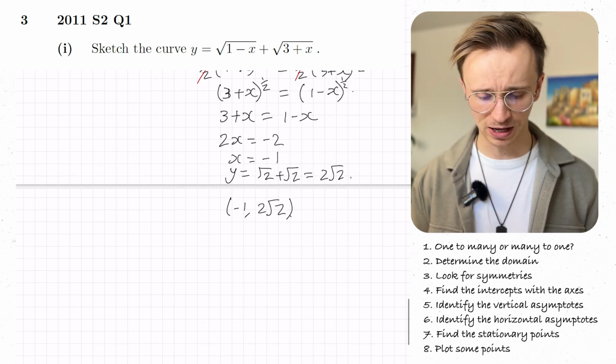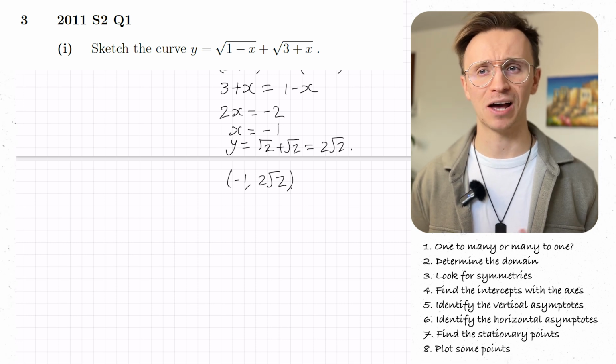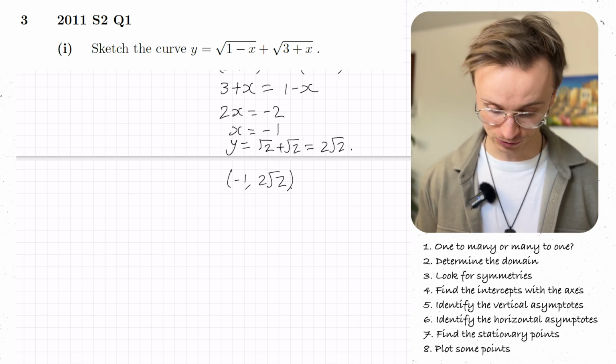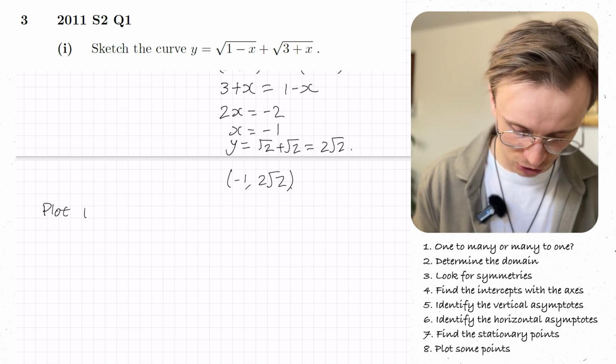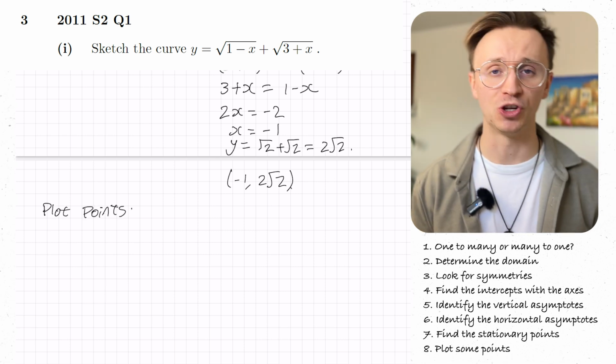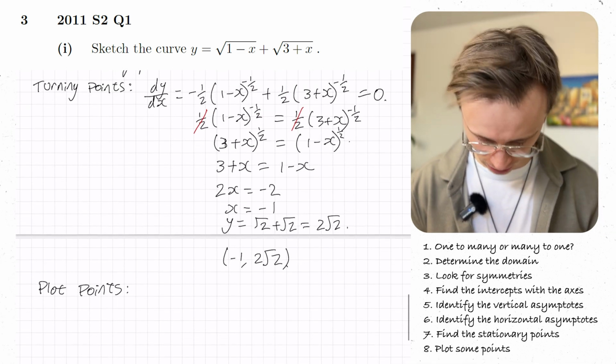So all that's left is that last point, which you often don't have to do, but for here we kind of do because we want to know what's happening at the two endpoints. So the last part is plot some points. So here, the only ones I'm interested in are at the key points, which are at -3 and 1. But this should be pretty simple to work out.